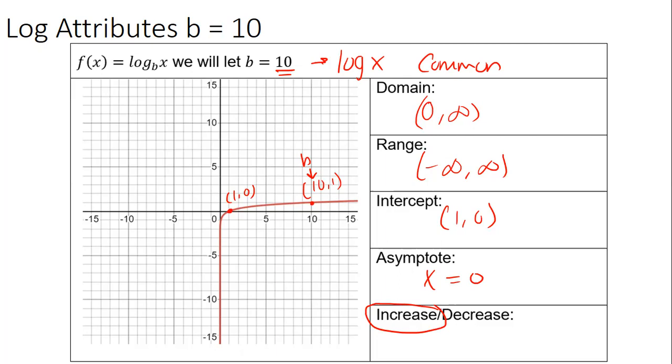Technically, the values before 1, 0 are changing too, but they're so small that it's insignificant for us to even identify or point out. Does that make sense? Okay, and we're still increasing from 0 to infinity. The shape of the graph is changing as far as it's stretching or compressing a little bit. But other than that, did anything else change? No, it did not.